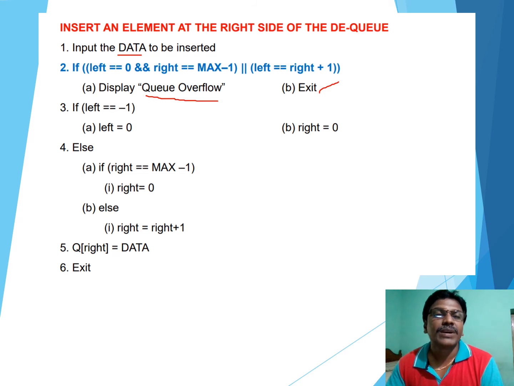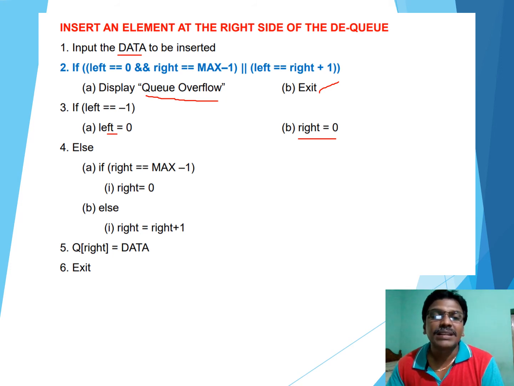Otherwise, if left equal to minus 1, it means it is the first element of the insertion. So assign left equal to 0 and right equal to 0, because of the 0th indexing, the first element of the queue. Otherwise, if right equal to max minus 1, which means size minus 1, assign right equal to 0.